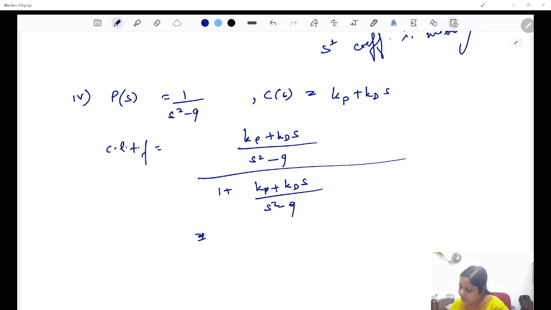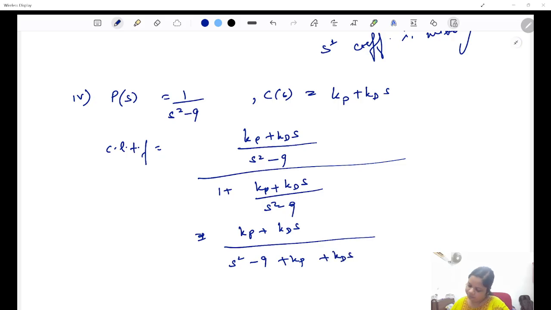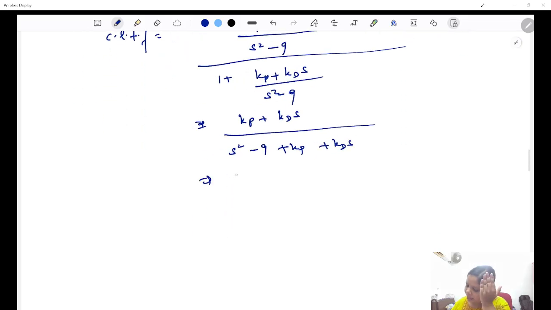From here you can write Kp plus KdS upon S square minus 9 plus Kp plus KdS. From here you can write Kp plus KdS upon S square plus KdS plus Kp minus 9.